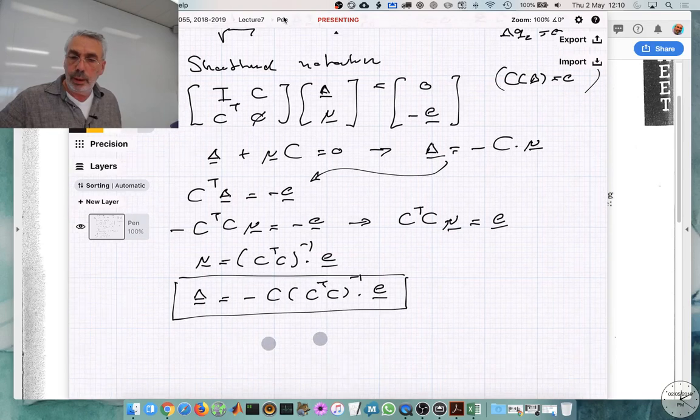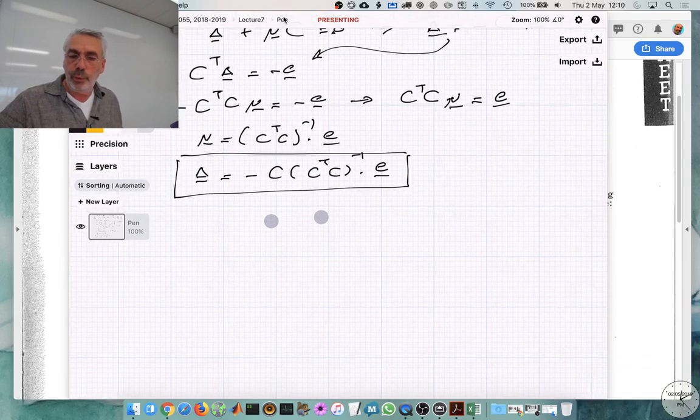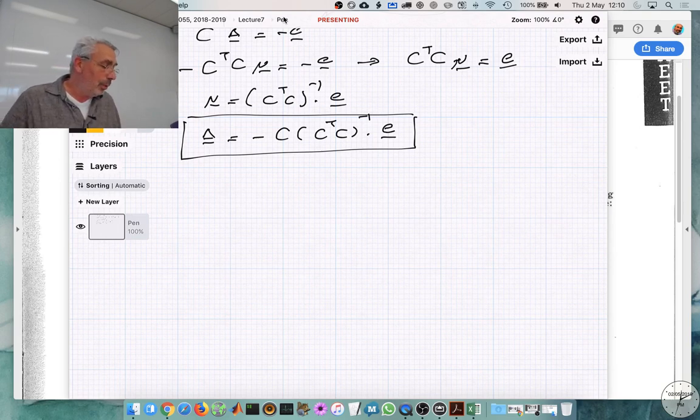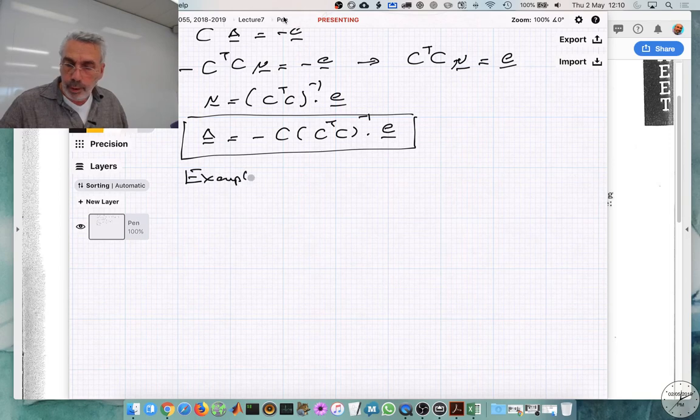Now, if you follow this, then you think, that is like magic. I mean, I have an undetermined system and there is a way to solve it. Well, let's do an example. And we take a linear case, because that's a bit simpler.